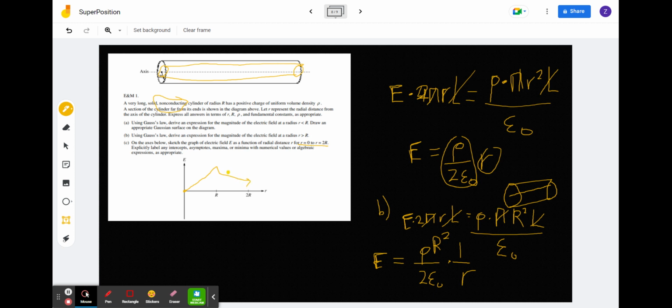So you might be saying, for all these last 3 questions, I've kept saying that it's continuous at this point, and why? Well, that's because the electric field at that point should be identical. As we go from the left, we're increasing our r, and we're increasing the charge. Essentially, at R, our 2 calculations are solving for the same thing.